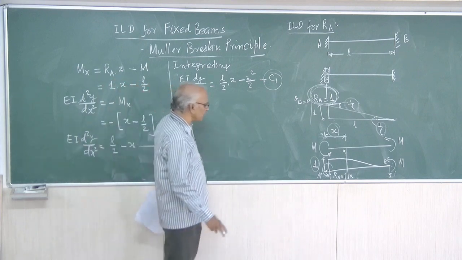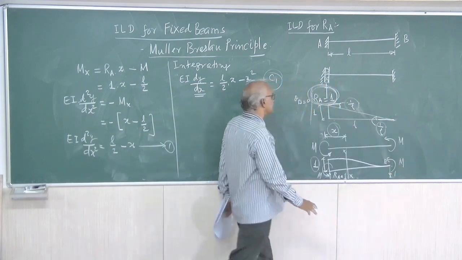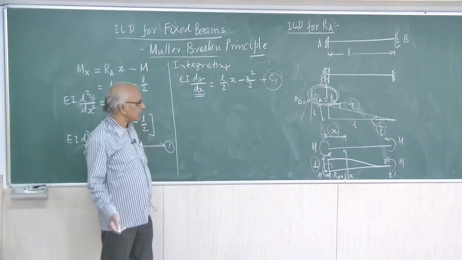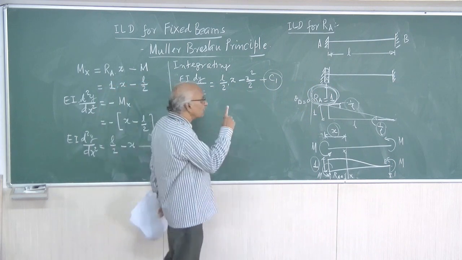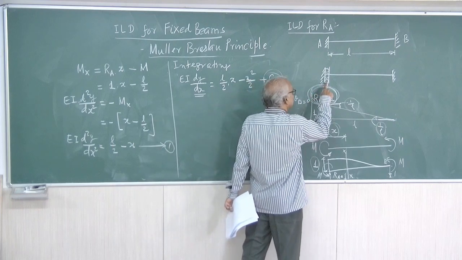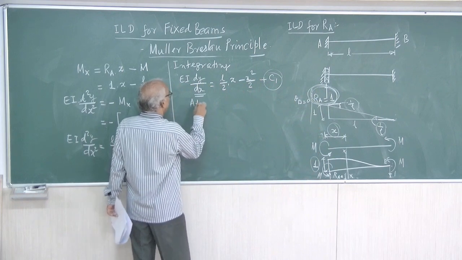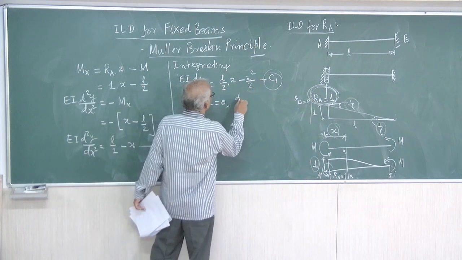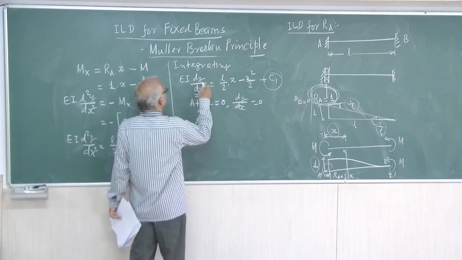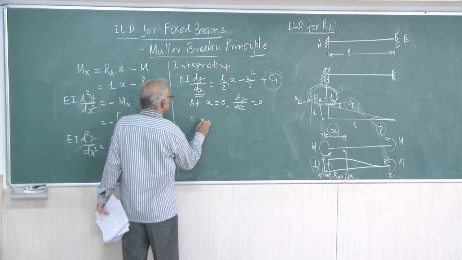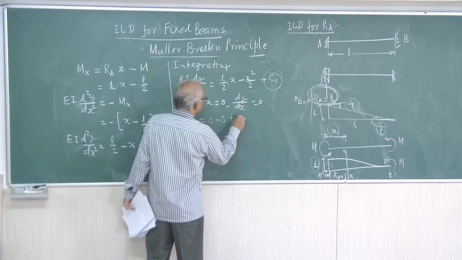Now, in this problem, we know theta A equals 0, and theta B is also equal to 0, because A is fixed and B is also fixed. We have removed only the reaction carrying capacity, and we are retaining the moment carrying capacity. Therefore, theta A equals 0, so at x equals 0, dy by dx equals 0. The left hand side is 0, equal to 0 minus 0 plus C1.